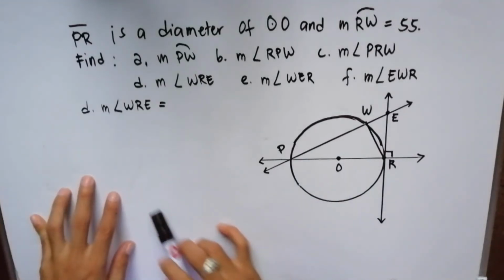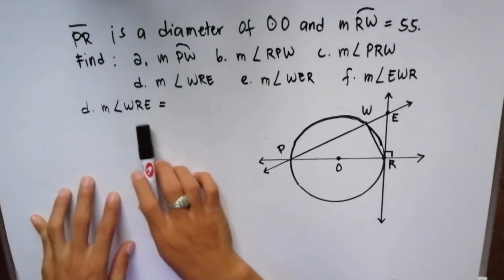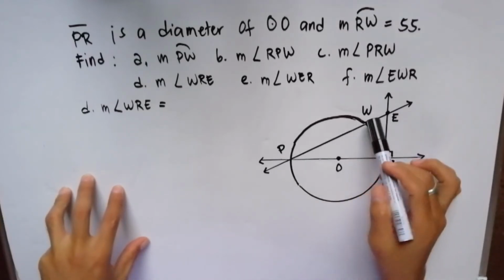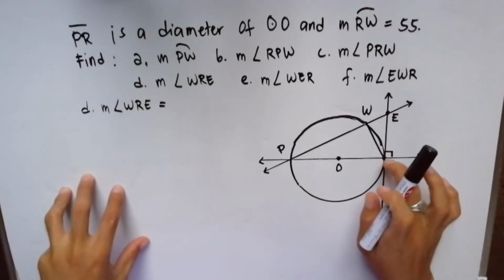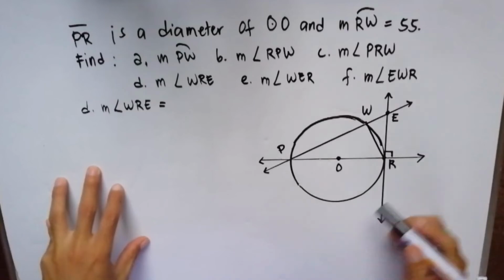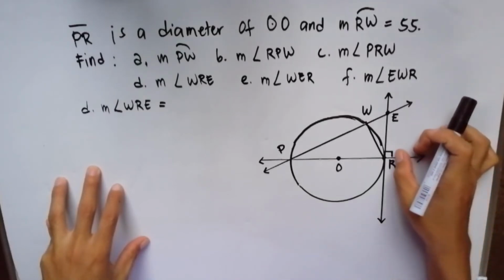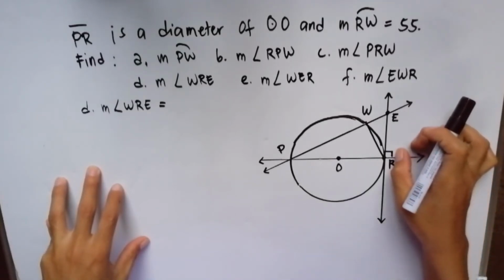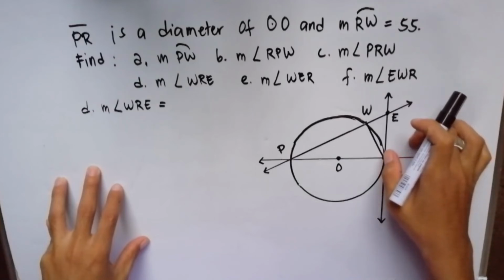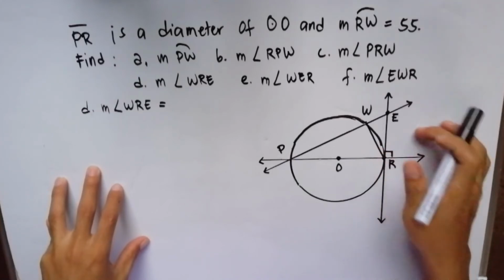Okay, for D, the measure of angle WRE. Since this angle is a right angle, then its adjacent angle is also a right angle.